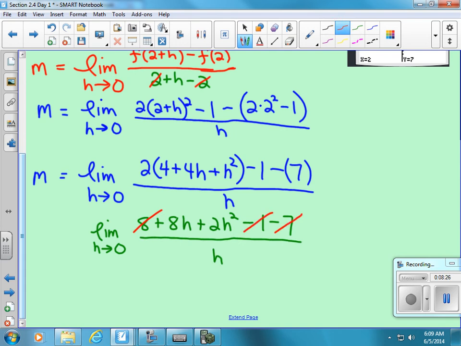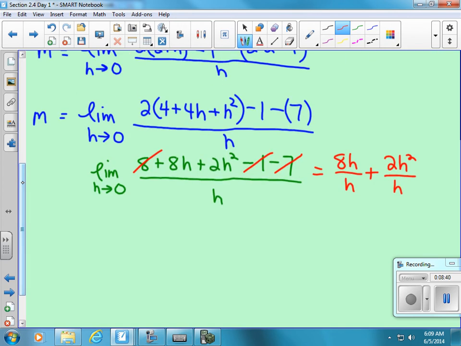That type of thing happens in these equations. And let's just look at it algebraically. We have 8h over h plus 2h squared over h. I distributed that denominator. We end up with an 8 plus 2h, because these h's cancel out, and one of those cancels out.